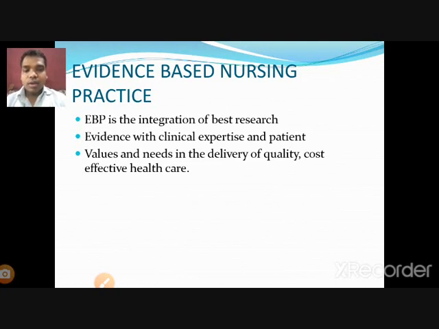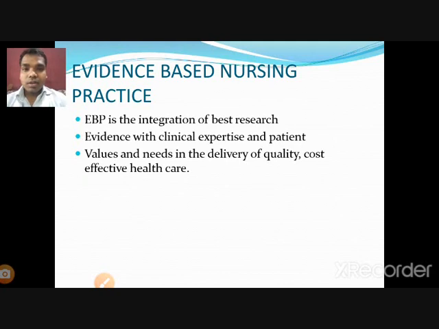Why? Because when we go for the research, we must have the evidence to prove our research topic or research practice. So evidence-based practice is the best research option. Second, evidence is the clinical expertise and patient.